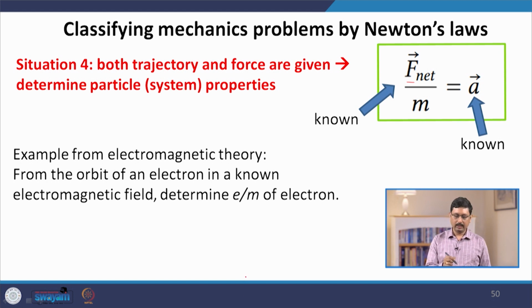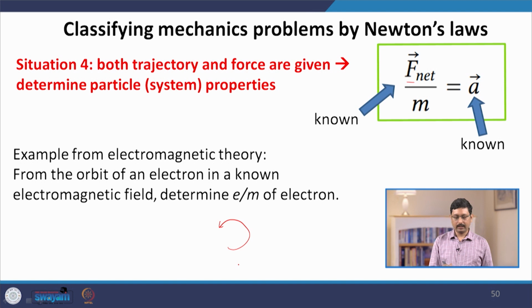Under certain conditions, you get a circular trajectory of the electron. You can design different kinds of trajectories by playing with the electric and magnetic fields that you apply on the electron.